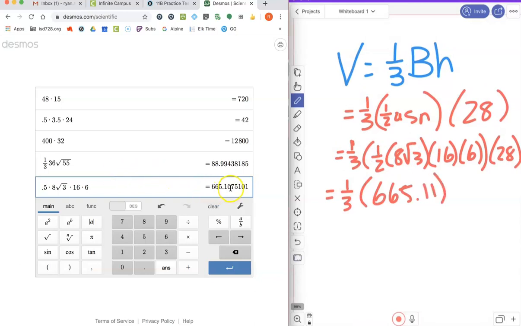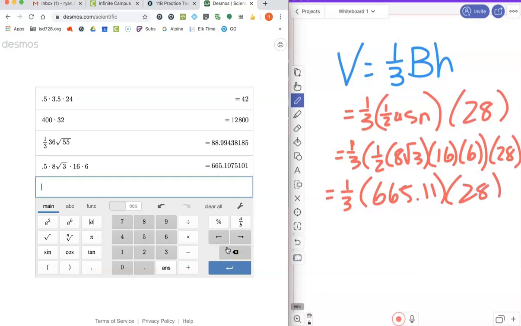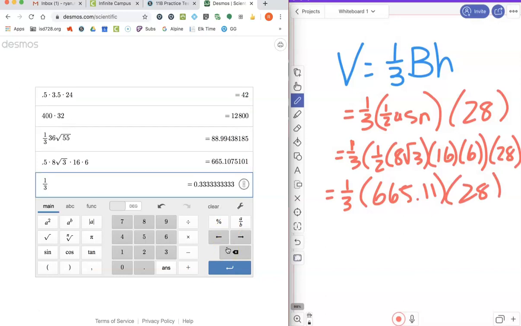That 7 here would round this next digit up to a 1. Okay, all of that needs to be multiplied by 28. So let's do that. 1/3 times 665.11 times 28.